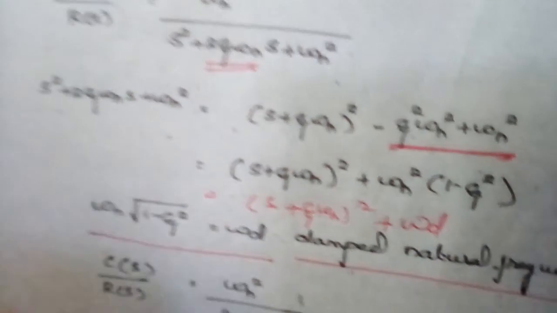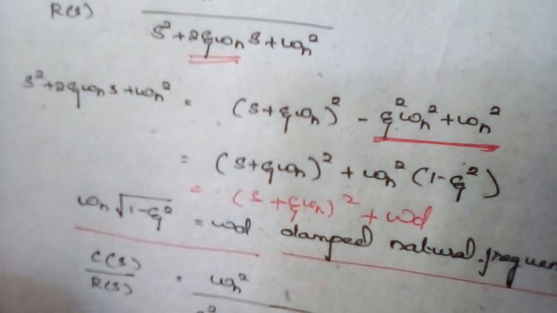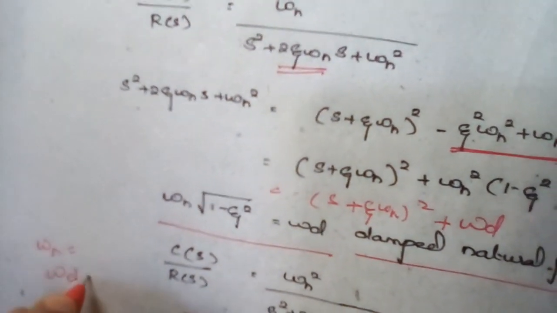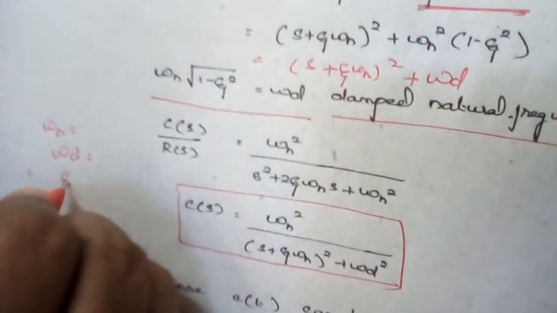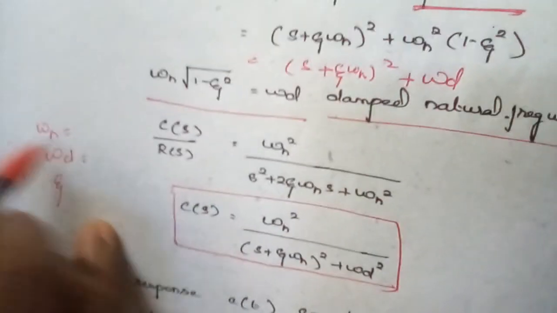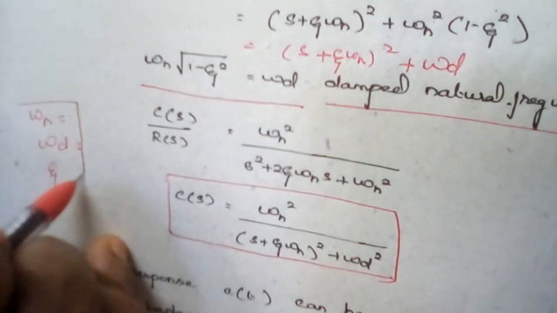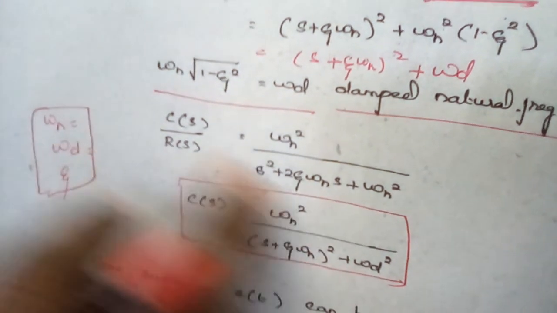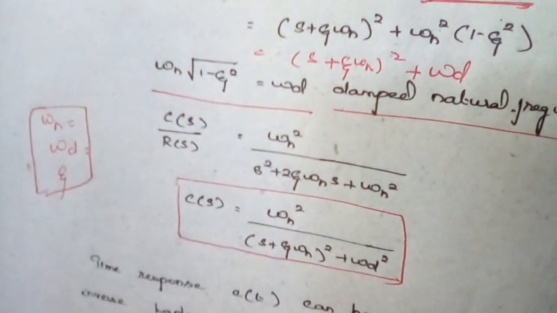We also concluded the expression for omega n and the expression for omega d, right? In addition to that, we have denoted what theta is. So be thorough with those three expressions and this will be helpful for your objective exam preparation, right?